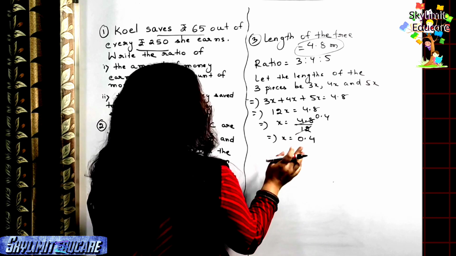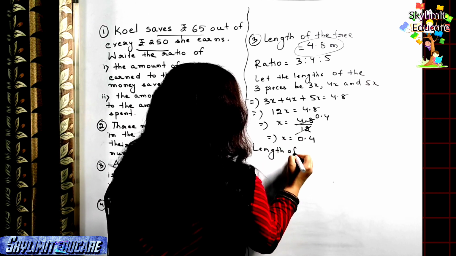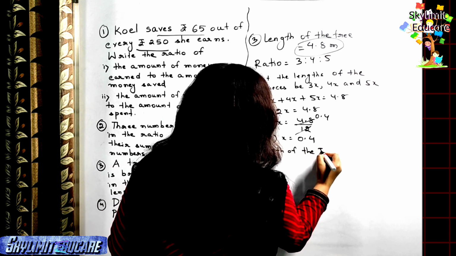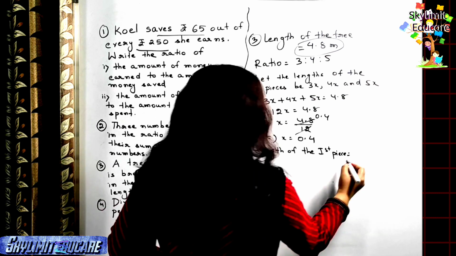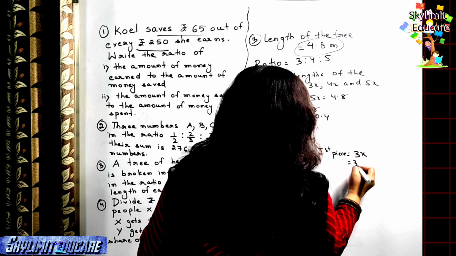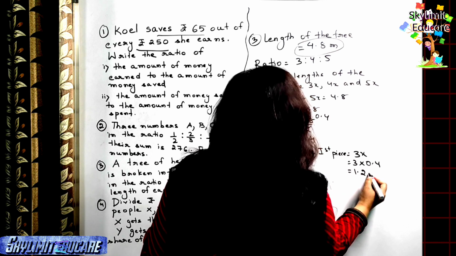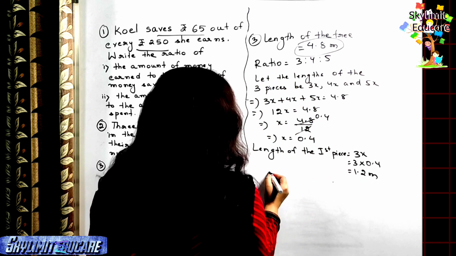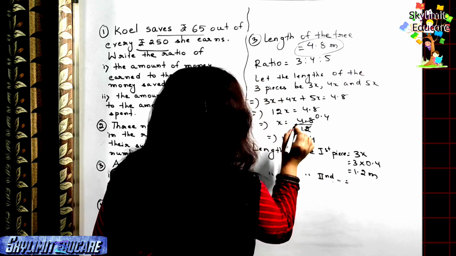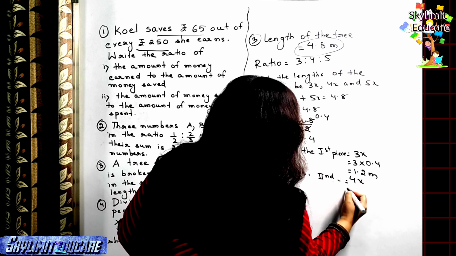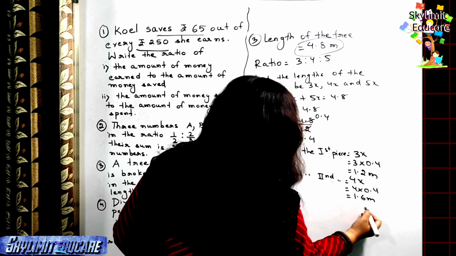So 0.4. Now we can find out the length of the first piece. Length of the first piece is 3x. 3x is 3 multiplied by 0.4. So you got here 1.2 meter, right? Length of the second piece will be 4x. 4 multiplied by 0.4 will give us 1.6 meter.